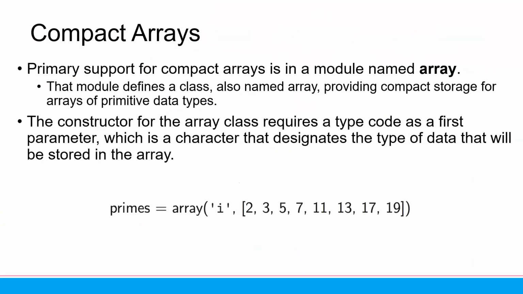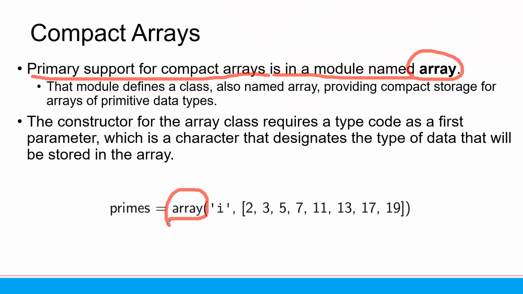In Python, the primary support for compact array is a module named array. I'm not sure if you have worked with array before in Python. Usually we just use list. It's easy. But you need to know another type of data structure, which is array in Python.